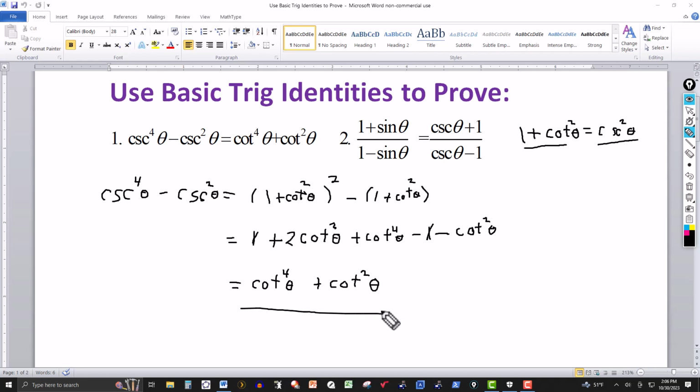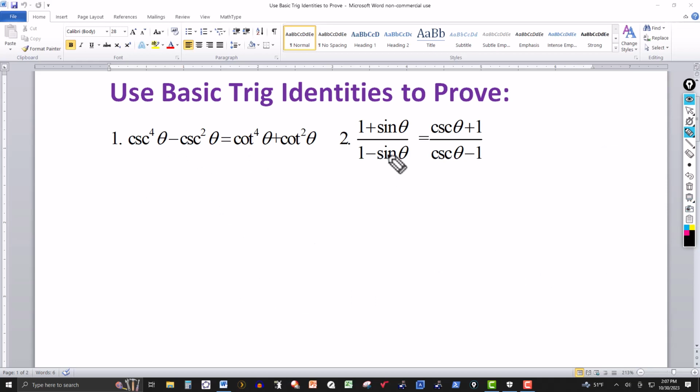And that's what I was trying to show: that the left side does equal cotangent to the fourth theta plus cotangent squared theta. And you can see how you can go back the other way. Cotangent to the fourth, again you can use this identity here, along with cotangent squared, they're related, to get the left side. So that's the solution for the first one.